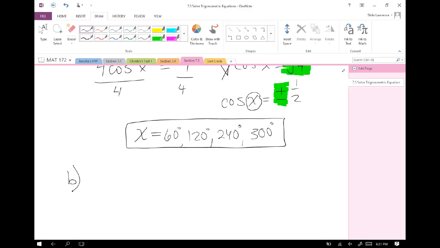We're going to say, yeah, this one's not too bad. We're going to say cosecant squared x minus... I'm trying to think if that's what I really want.